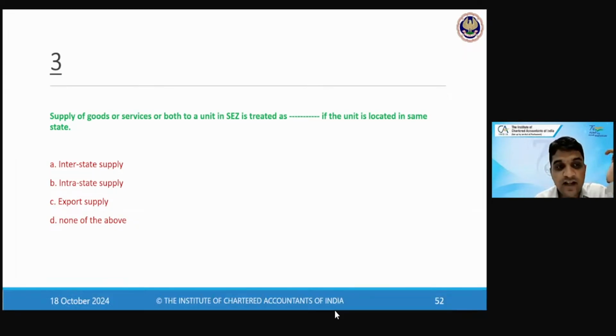It will be treated as an interstate supply. Supply from one SEZ to another SEZ, even if they are in the same state, will be treated as an interstate supply.